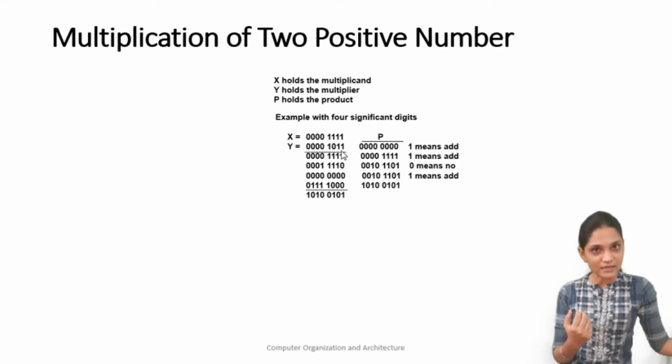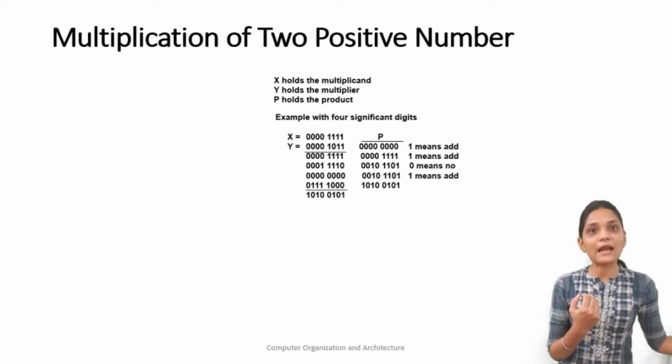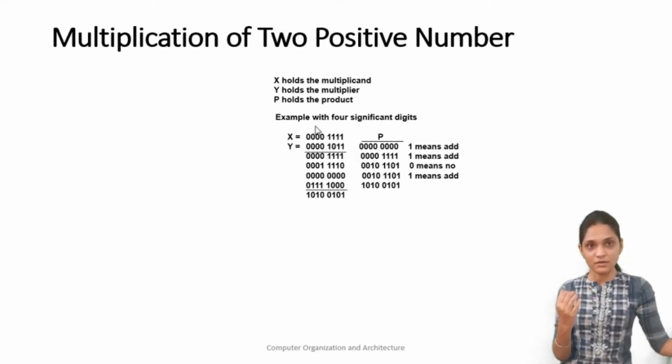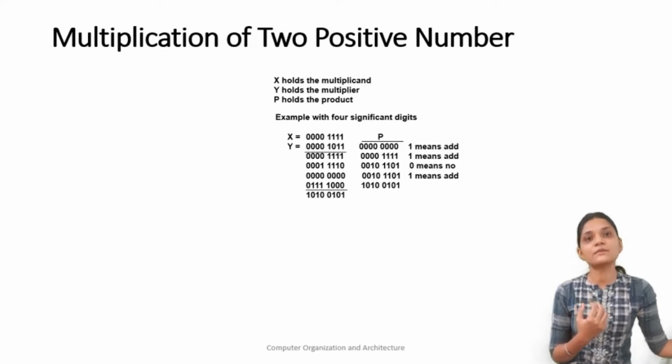Then check the second bit, or you can say the second position number's bit. If it is 1, then add the one-time shifted version of the multiplicand. If your third bit is 1, then add the two-time shifted version of the multiplicand to this partial product, or you can say partial sum. By this way we have to do this multiplication.